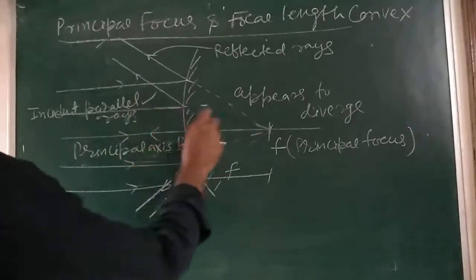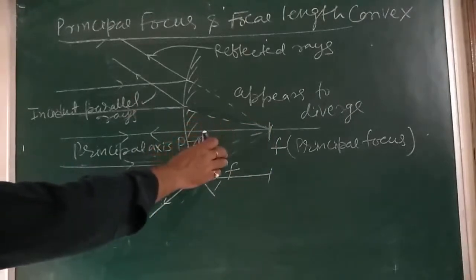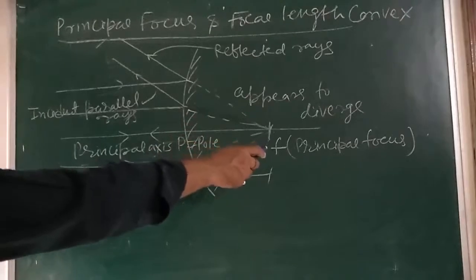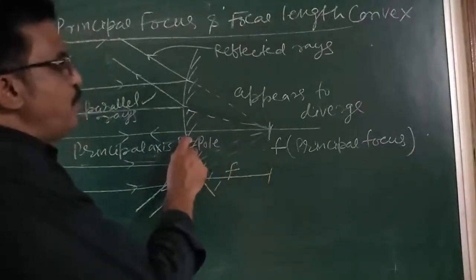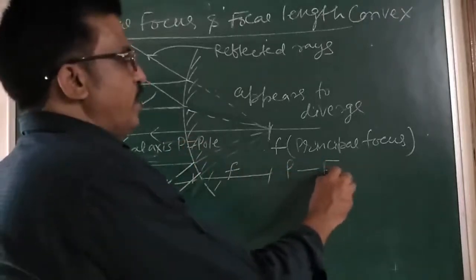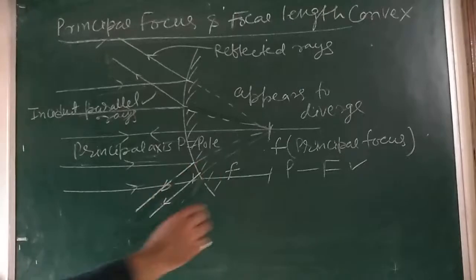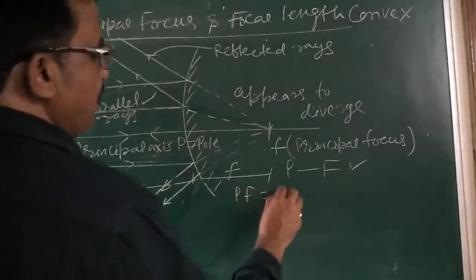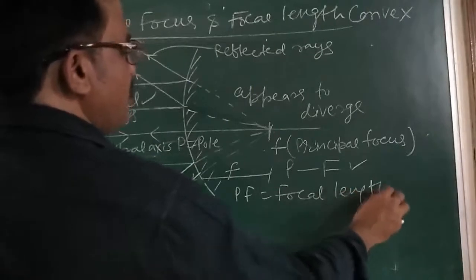It is not real. That's why we are using a dotted line here. So focal length of a convex mirror is the distance of the principal focus of the mirror from the pole. I can write PF is called focal length.